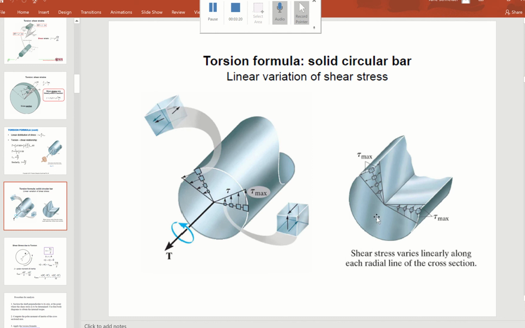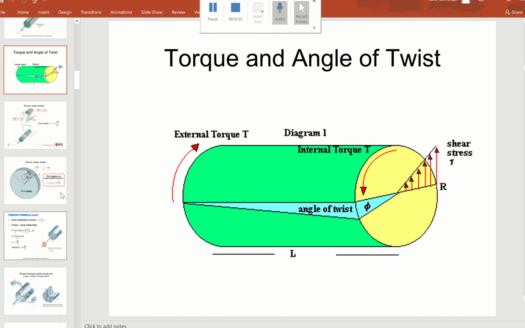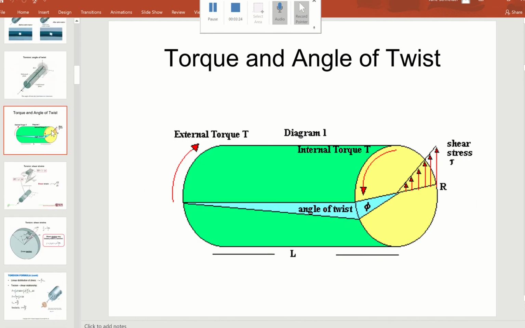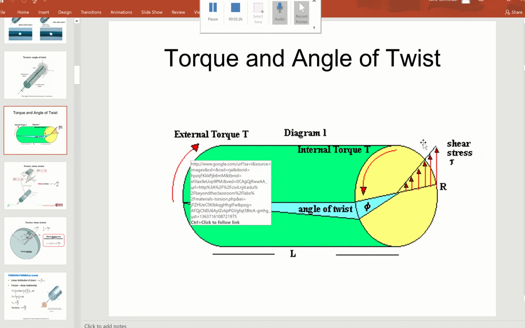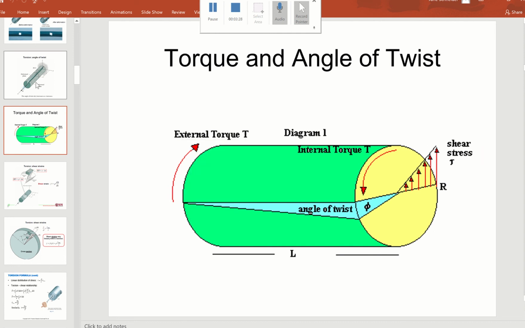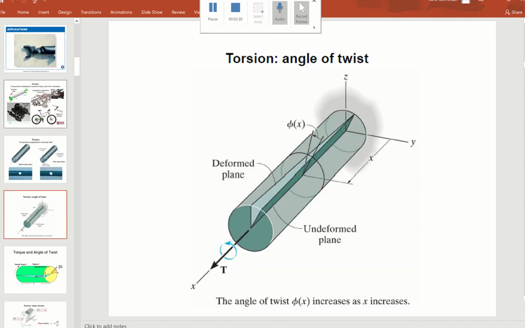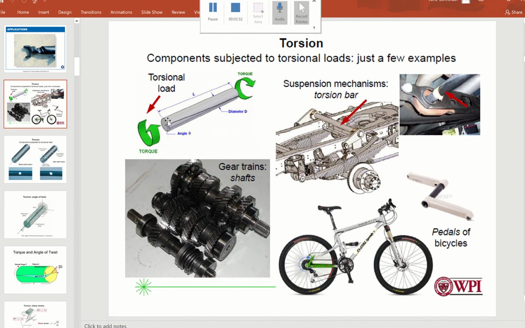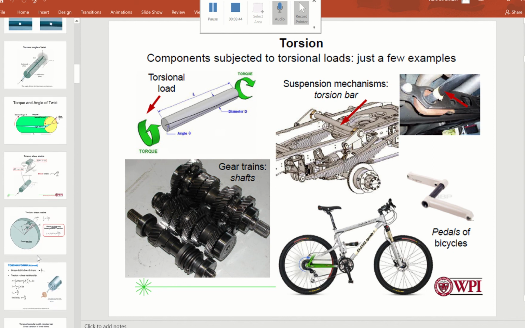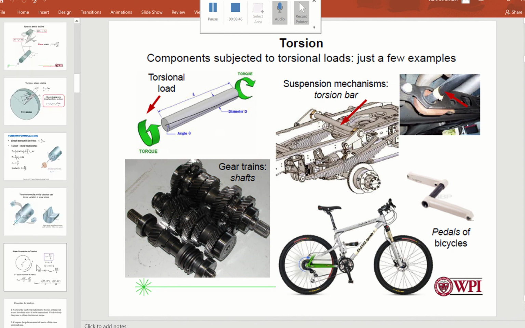When you apply torsion to something, you're always going to see the maximum shear stress at the very outer surface. The outer surface is going to experience the most shear. However, in the center of your shaft, the shear stress is equal to 0.